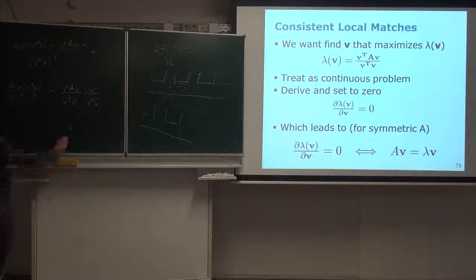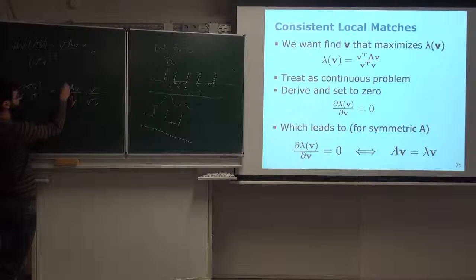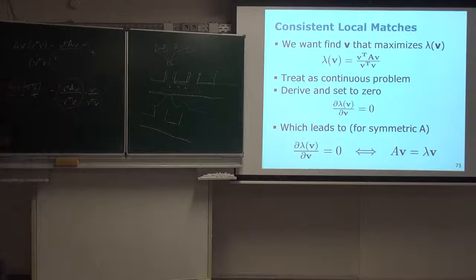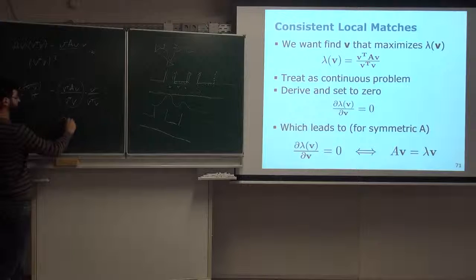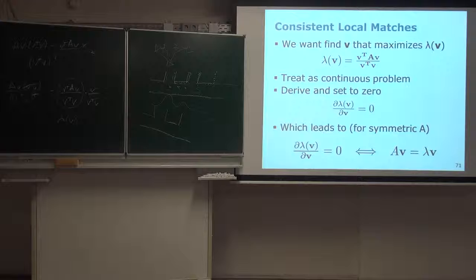Right? So this basically means that we have this and that can simplify. This is our original function, so it's just lambda V, so it's a lambda. And since we are trying to maximize it, this is a scalar, this is a scalar. We are looking for a vector which is normalized, so we know that the size of this vector is 1.